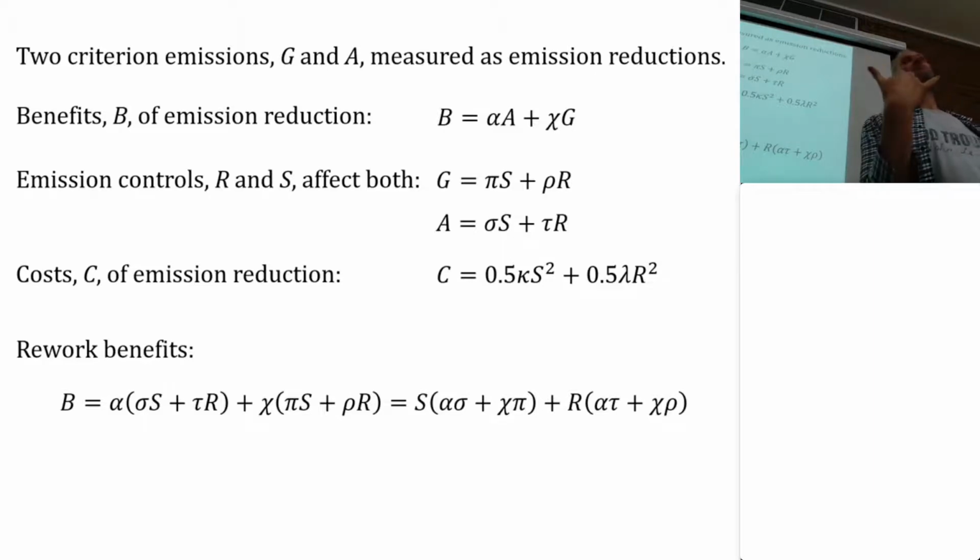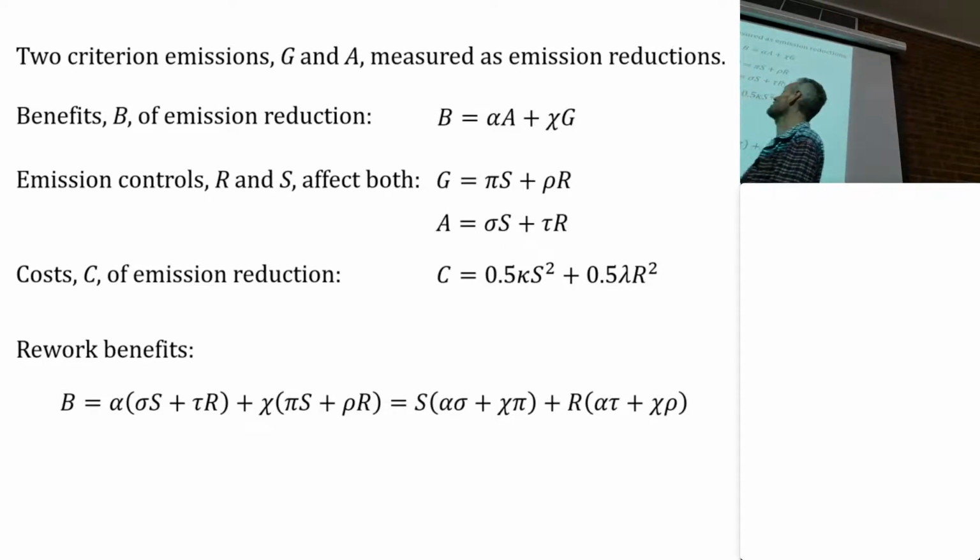Now these two problems interact with one another. If you reduce your greenhouse gases, and that effort is denoted by R, you're gonna affect your greenhouse gases, but you're also gonna affect your air pollution via this term here, right?